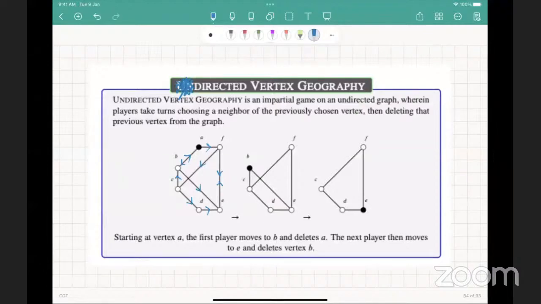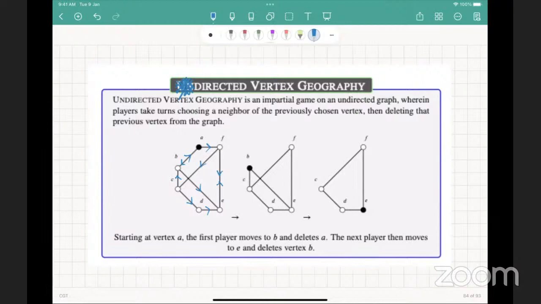It's clearly a very abstract, very powerful sort of model, encompasses not only the geography game as we saw it earlier, in terms of these names and so on, but also pretty much encapsulates gameplay for any impartial game.